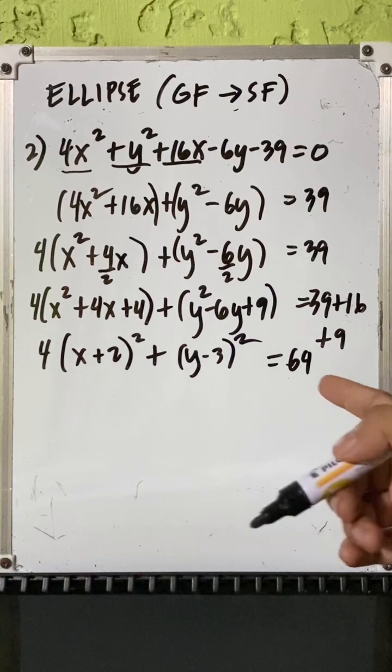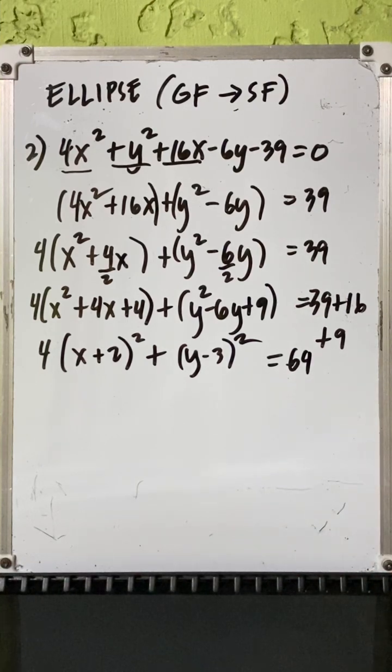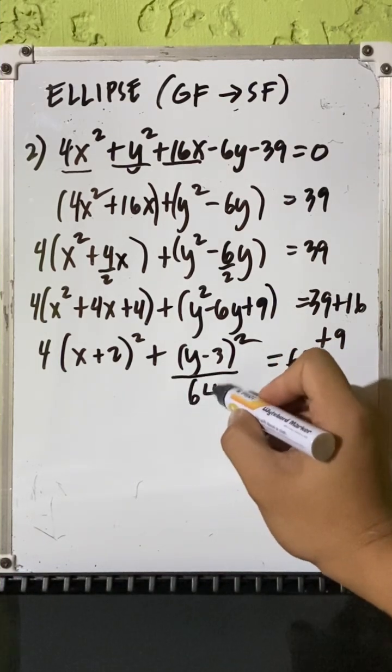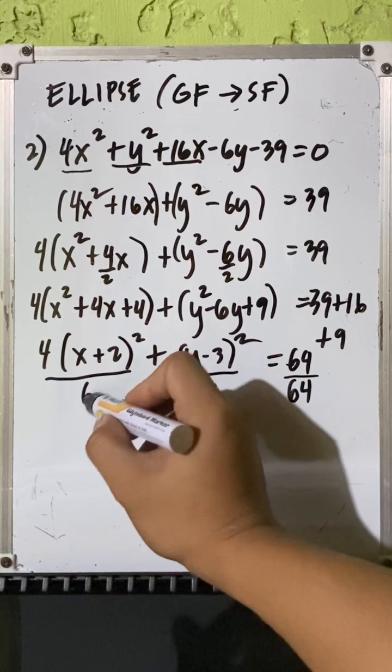Okay, next is to make the right hand side of the equation equal to 1, so divide by 64. Also divide this by 64 and divide this by 64.